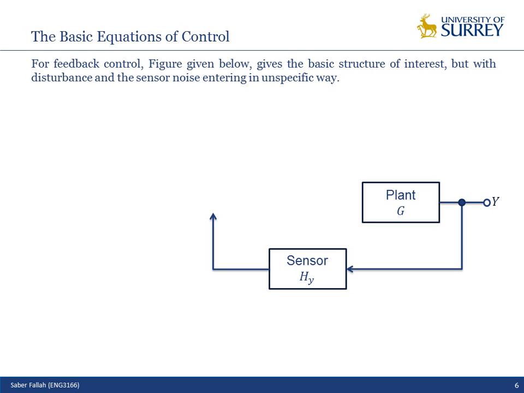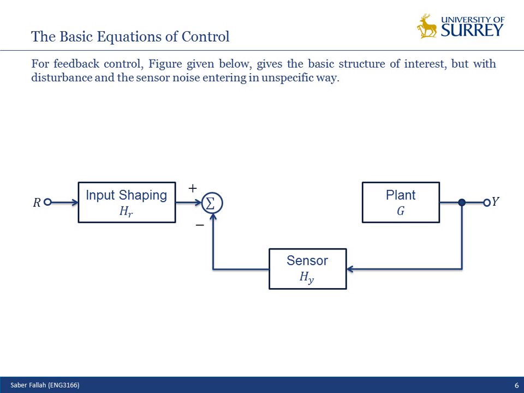We need to compare it with the reference signal. So the desirable response, or reference signal, goes to the input shaping and is converted to voltage. The output of the sensor is voltage as well. So we compare the actual response of the system with the reference input to build up the error of the system.